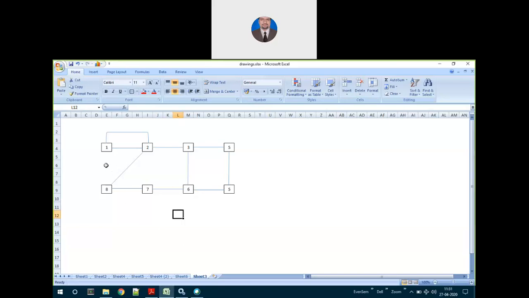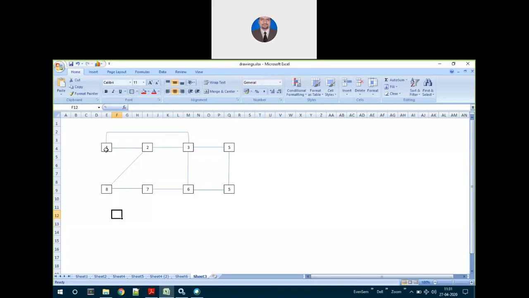Okay, now suppose this is 2, 3. This is the example. 1 to 3 is there, not 1 to 2. Anyone will try to give the answer? Fine.